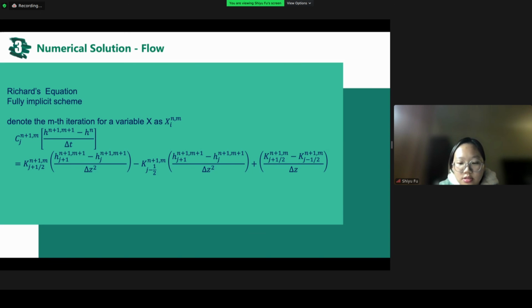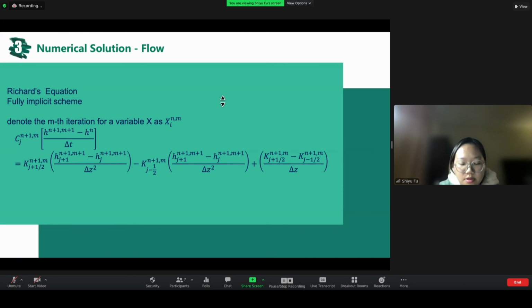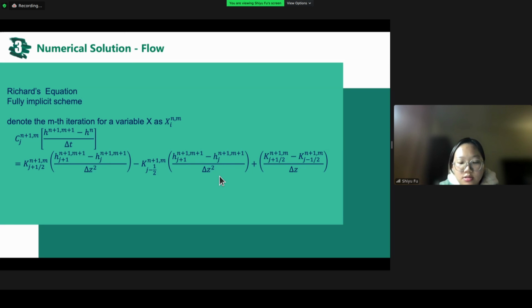This iteration is a relatively simple method that serves as a good baseline for solving the implicit system. We denote the variable x as x, n is for the time, and m is for the iteration stage or level. Finally, we can get a fully implicit scheme solution as shown here.